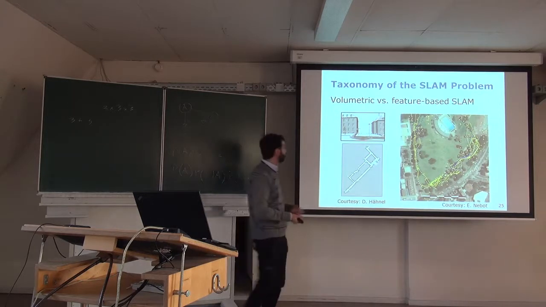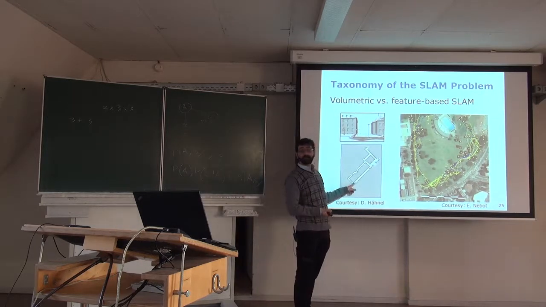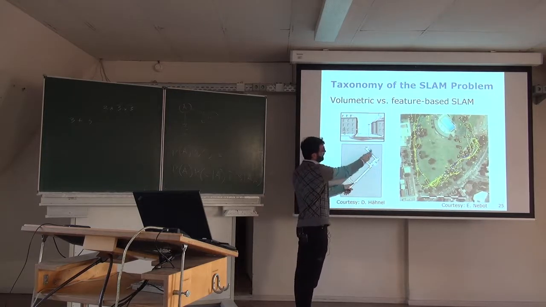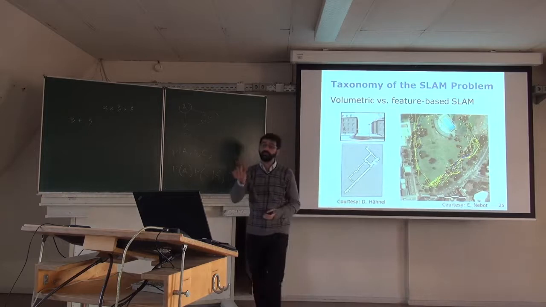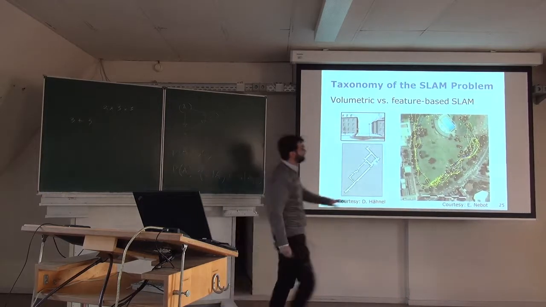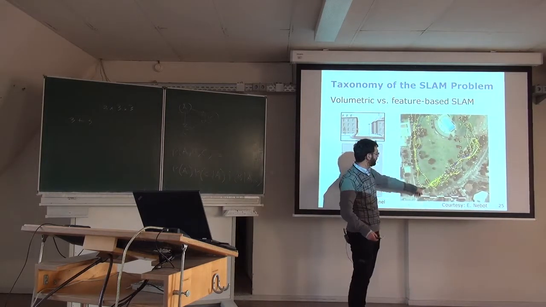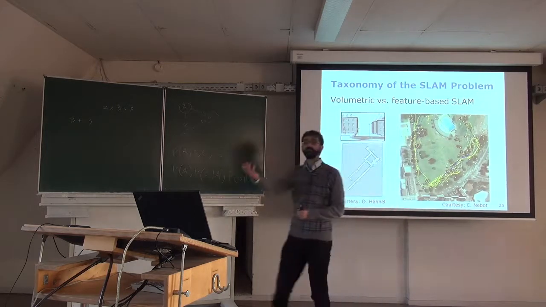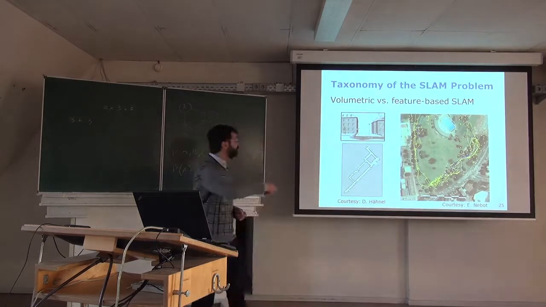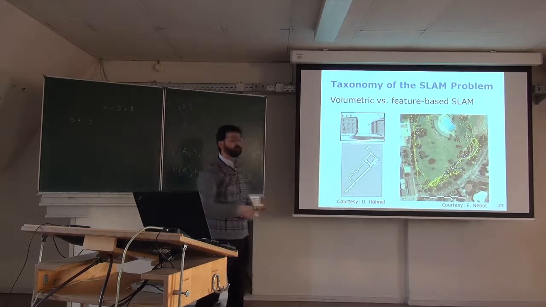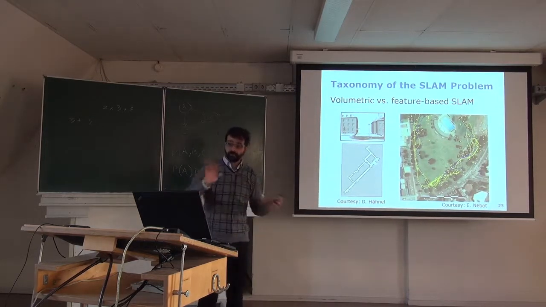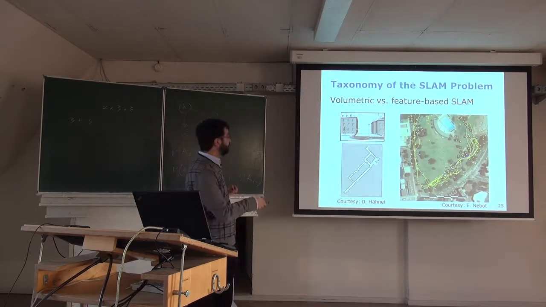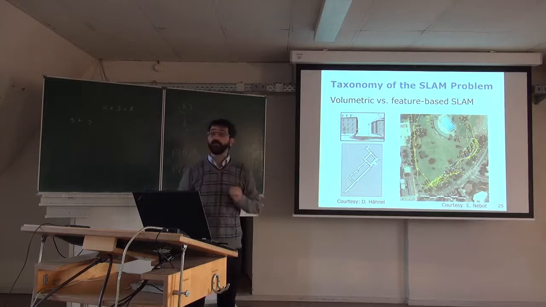Okay, so if I tell you the robot is here and I say I want to get there, he knows how to reach the place because he can actually plan a path in the free space. But if you use this kind of representation and I tell you the robot is here and I want you to get there, he has no idea that there are buildings in front of it that he has to avoid, and maybe he has to go all around the neighborhood to come to that place. Okay? But if you just care about being localized very accurately, these are also valid maps as this other one here. Okay?